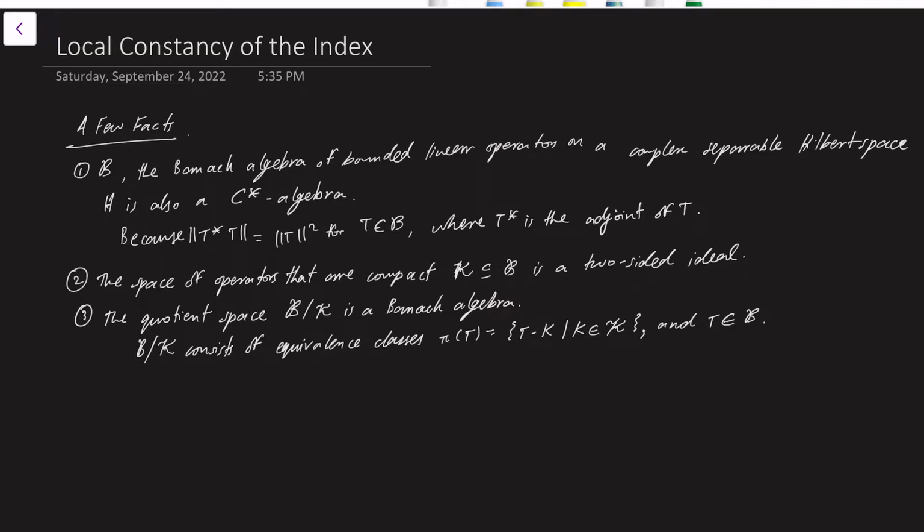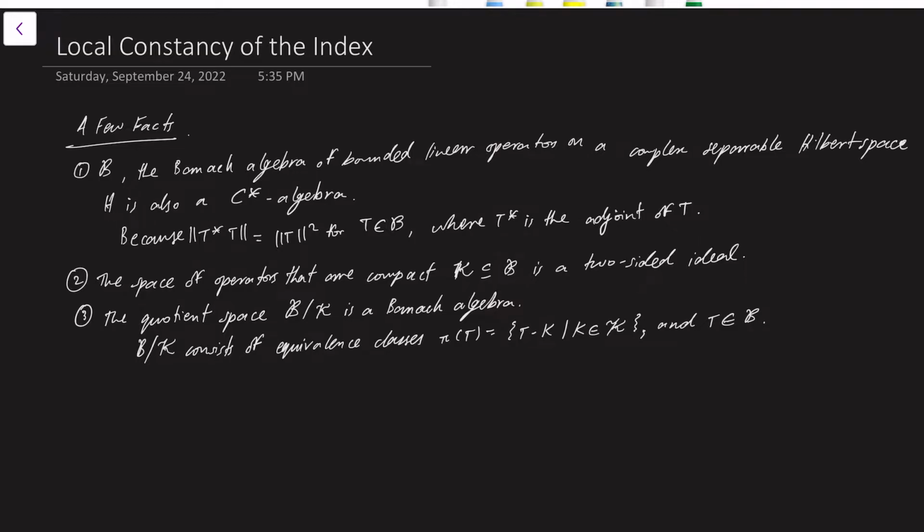The second fact is that the space of operators that are compact, the script K, as a subset of B, is a two-sided ideal. These two facts give us that the quotient space B over K is a Banach algebra.